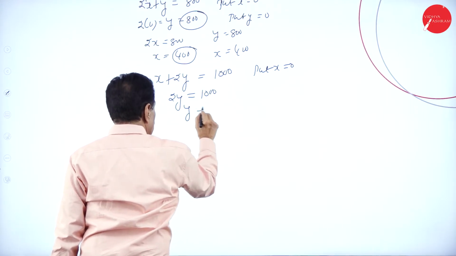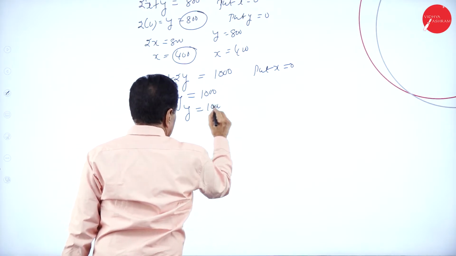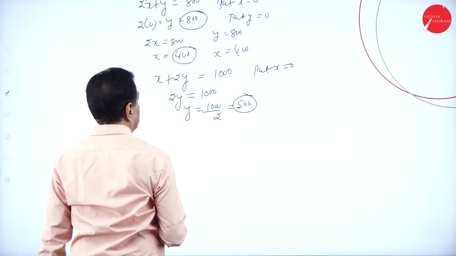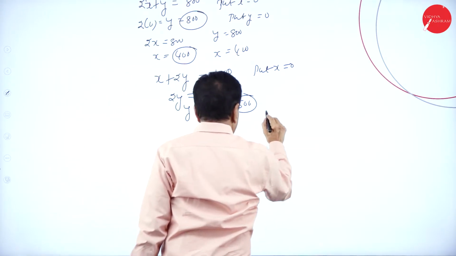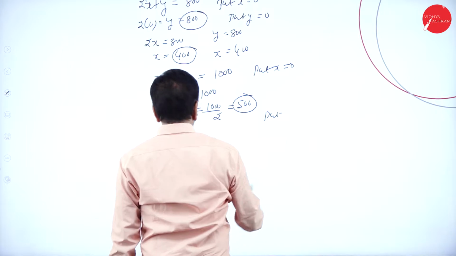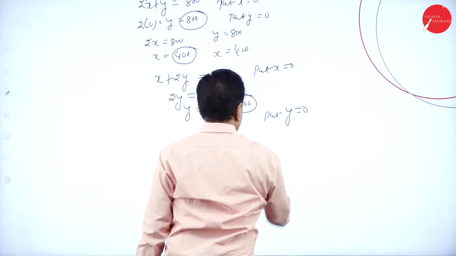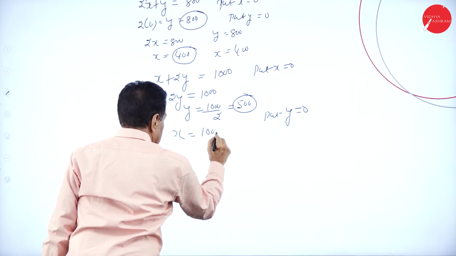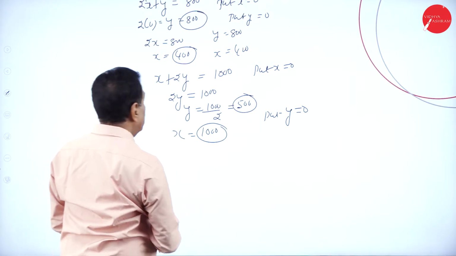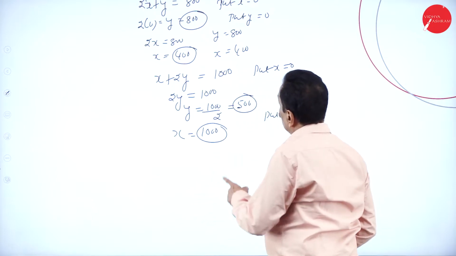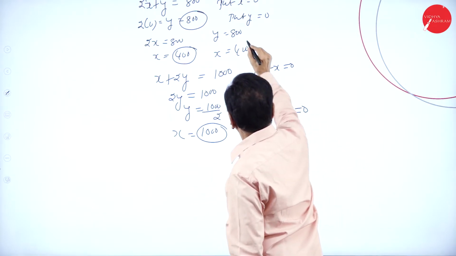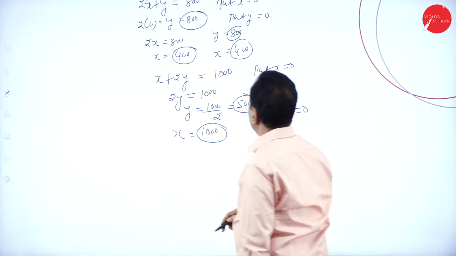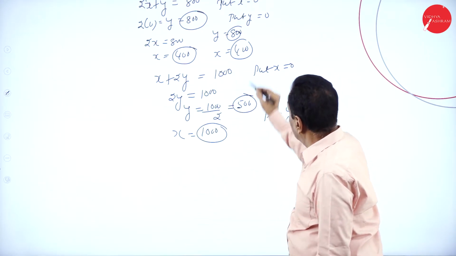Y is equal to 1000 divided by 2 is 500. Then put y is equal to 0. Then x is equal to 1000. So y is equal to 500, x is equal to 1000. In the first equation, 400, 800. Highest x is 1000 and 400, 800.